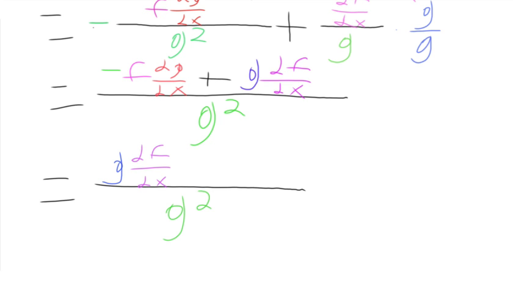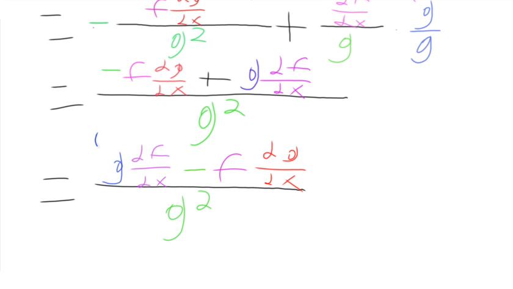And then minus, don't forget this minus right here, f times dg/dx. And this is the quotient rule as it's usually written. And there's a mnemonic to remember this, which your teacher will probably explain to you. He did with me, so that's why I went with it.